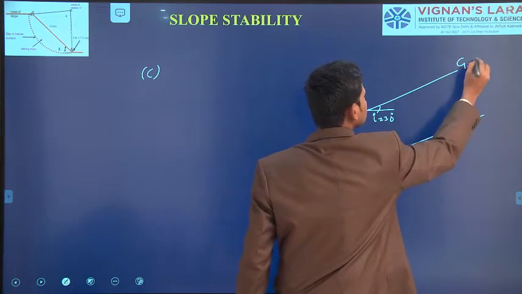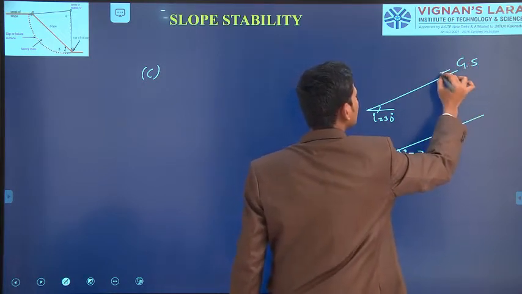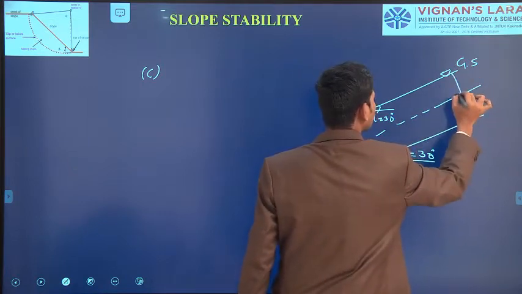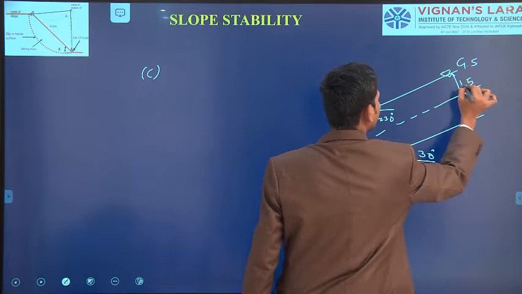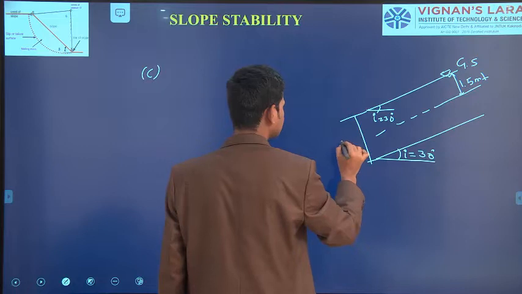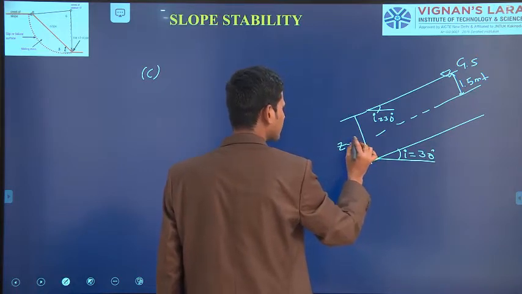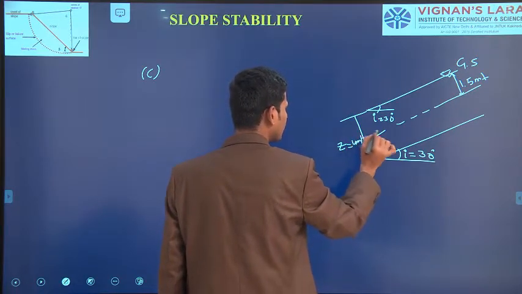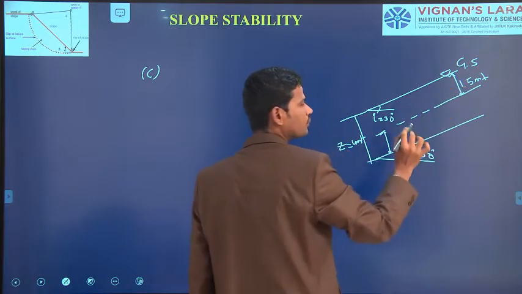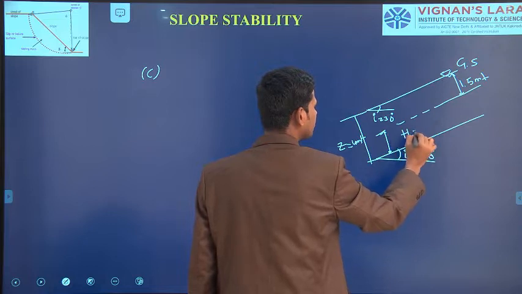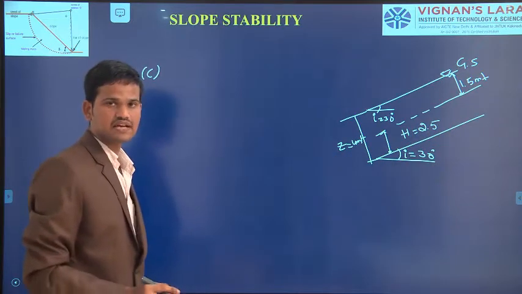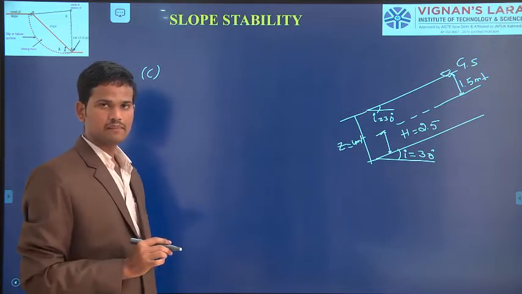Suppose you consider this is our ground surface, from this ground surface the water is at a depth of 1.5 meters, and the total depth of the soil mass z equal to 4 meters. The water table from horizontal ground level is at 1.5 meters, and from the slip plane it is at a depth of 2.5 meters. This is the condition given in the problem.